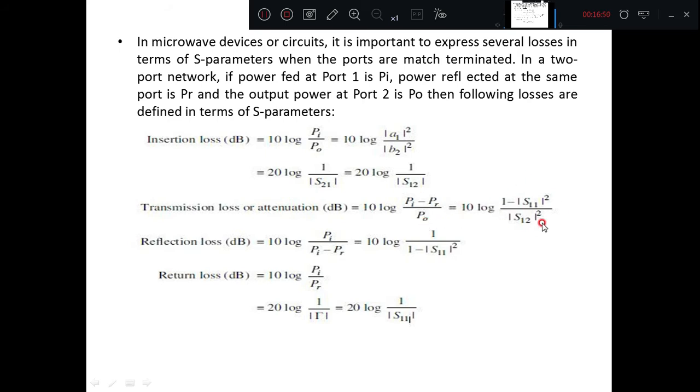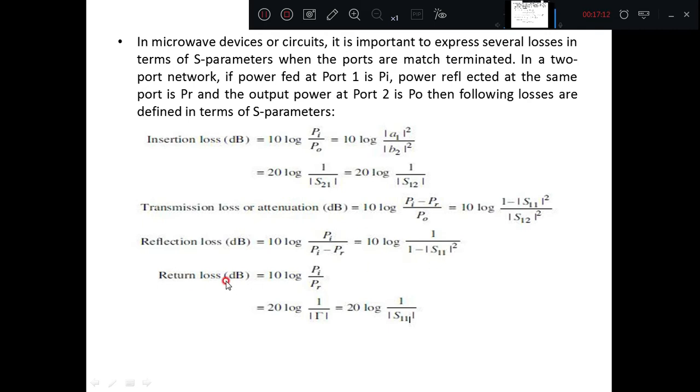In terms of scattering parameters, this is given by 10 log of 1 minus S11 squared divided by S12 squared. Then we have reflection loss in dB, 10 log Pi divided by Pi minus Pr, which can be written in terms of scattering parameters with S11 squared.